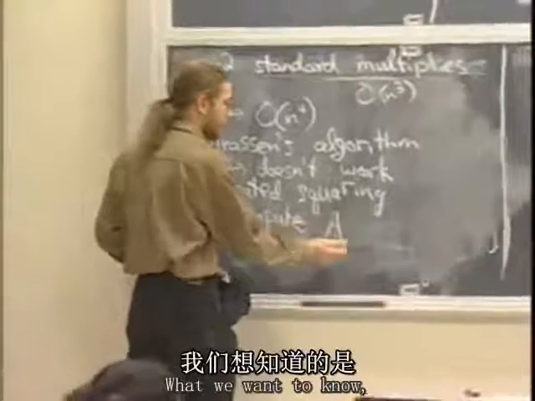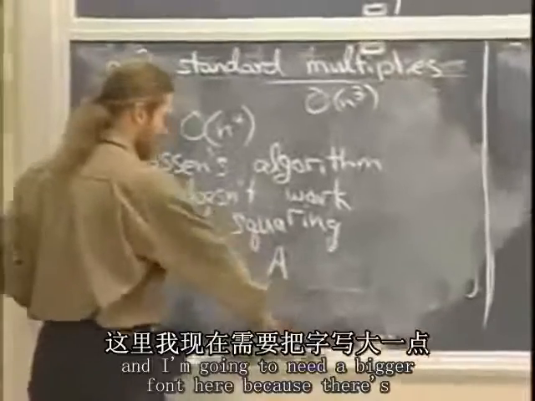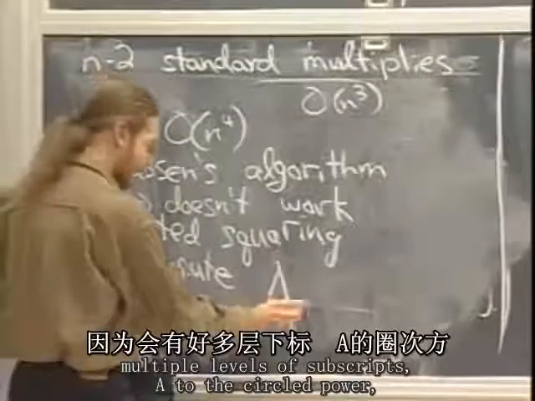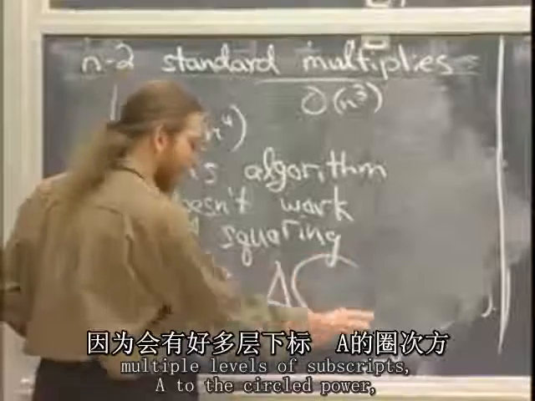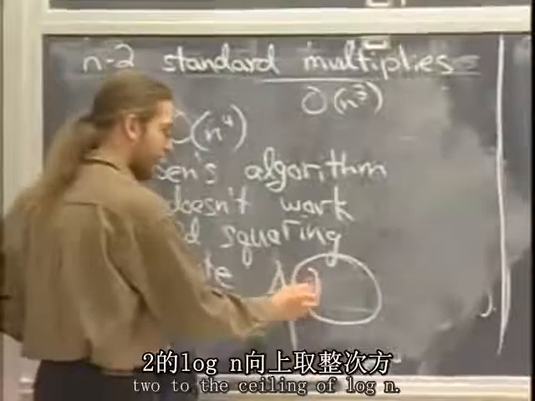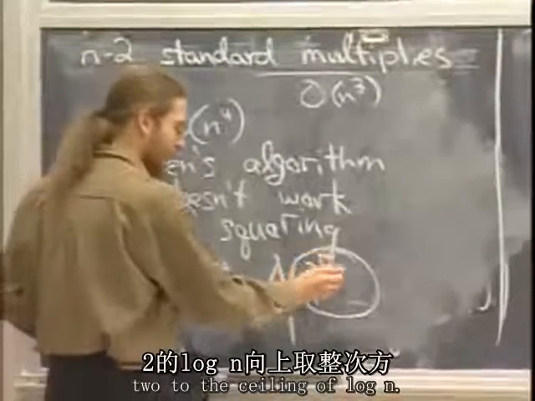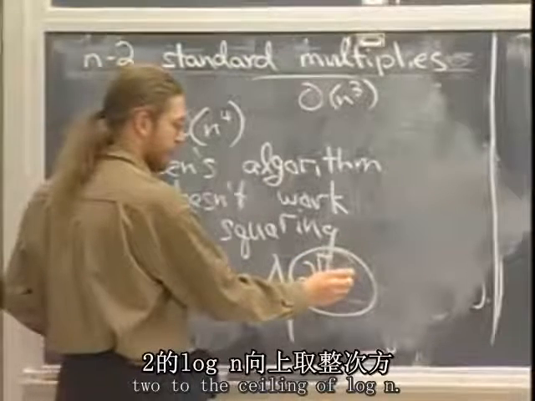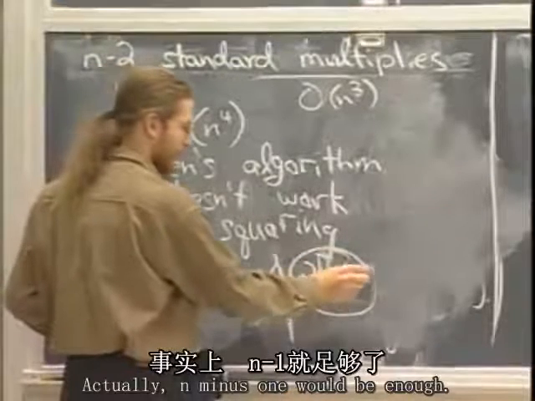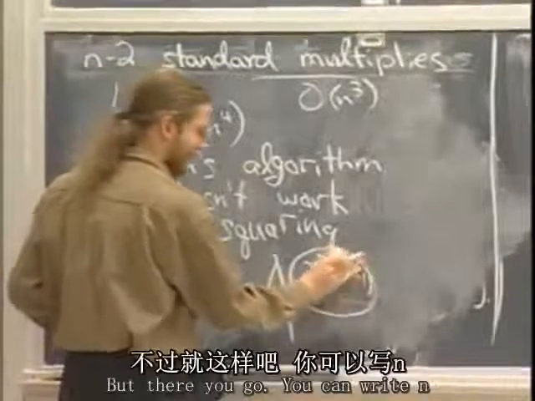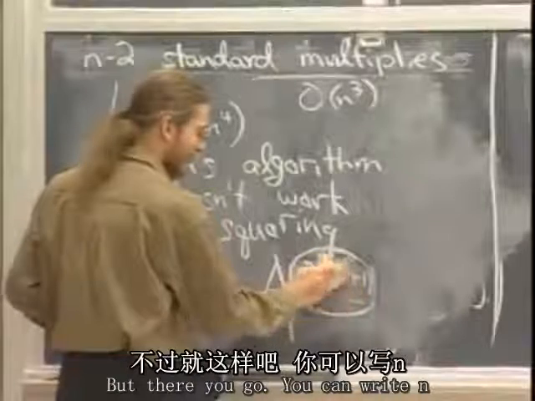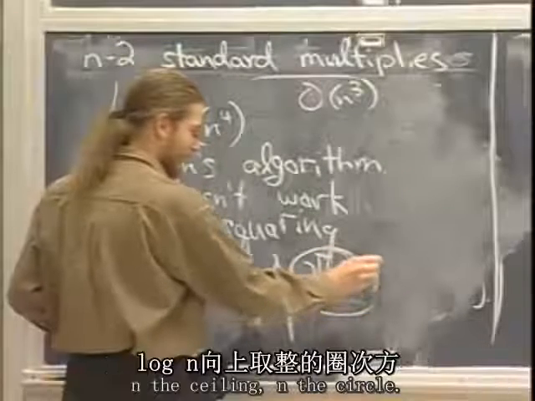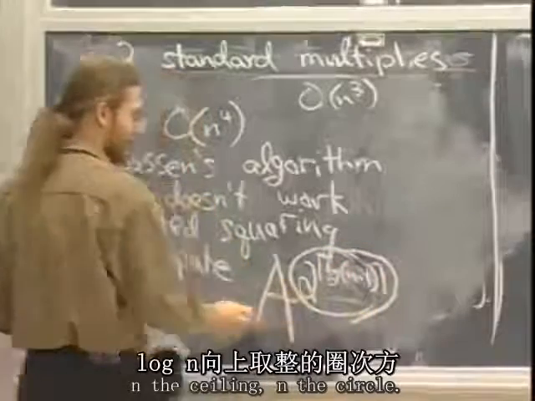What we want to know, and I'm going to need a bigger font here because it's multiple levels of subscripts, is A to the circled power 2 to the ceiling of log n. Actually, n minus 1 would be enough. You can write n if you didn't leave yourself enough space like me. And the ceiling and the circle.